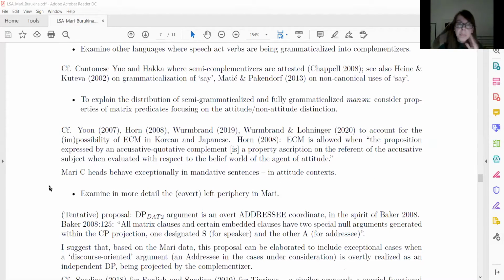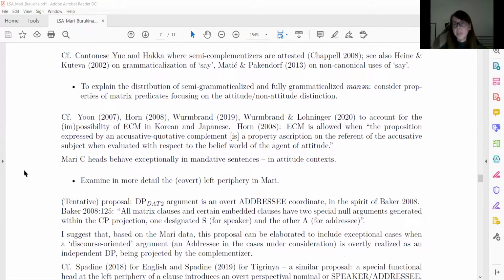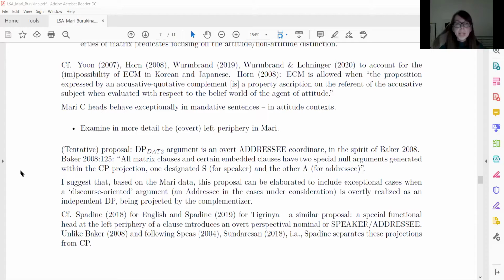And the final direction would be, of course, to examine in more detail the covert left periphery in Mari. It has been suggested in several papers already that at the left periphery of embedded and sometimes even main clauses, we have those speaker or addressee variables syntactically projected, or for example, special other discourse-oriented arguments.